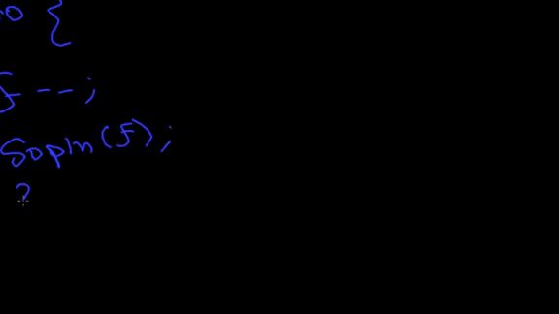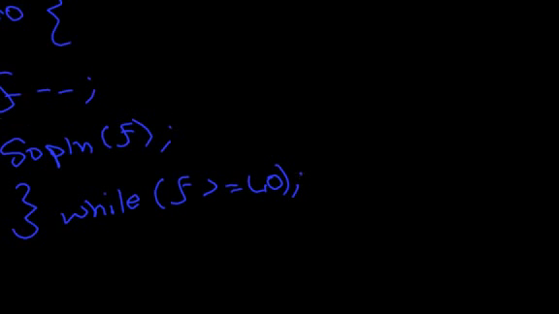Define that already. f minus minus, System.out.println f, while f greater than or equal to 40. Now let's see if there's any difference in both these loops in the output.